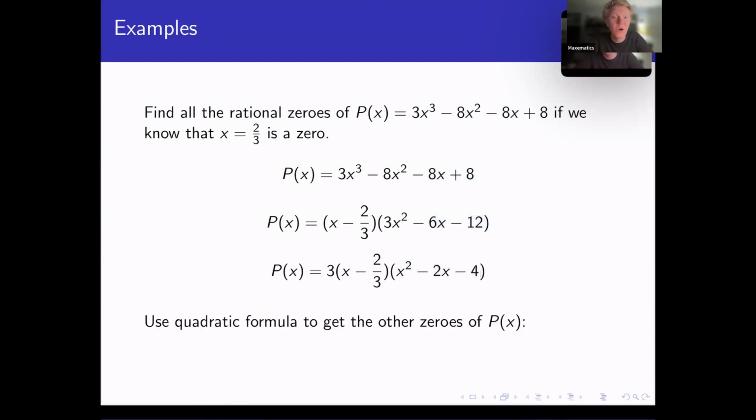So in total, all of the zeros of our function would be 2/3 and, after doing the quadratic formula, 1 plus and minus square root of 5. So it would have taken you a long time just to get to 2/3. But again, the point here is that we went from something that you could not find the zeros for to something that we could find the zeros for, even if not that pretty.